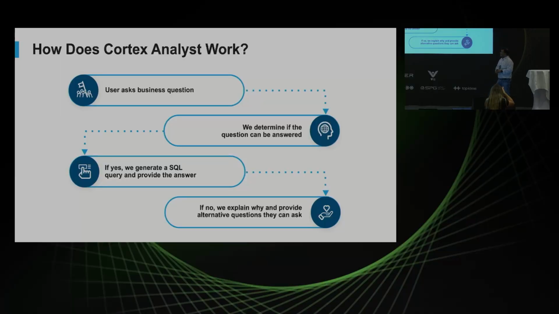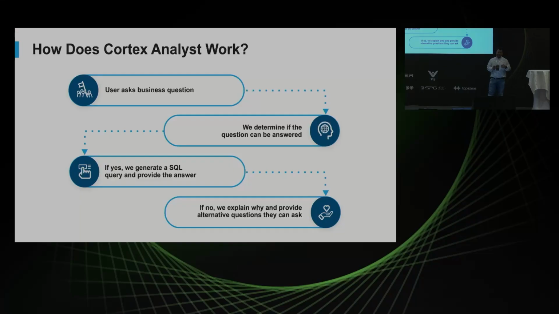So the user asks business questions like, for example, summarize the sales for this particular store, or how a particular product is working at GitLab. The semantic model determines if the question can be answered, and if yes, we generate the query and provide the answer.